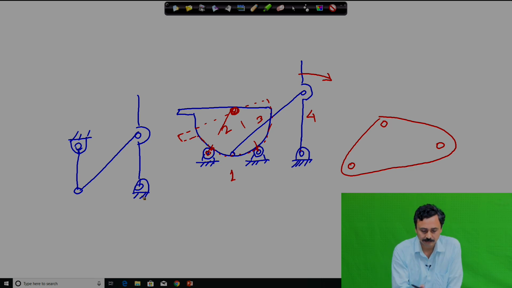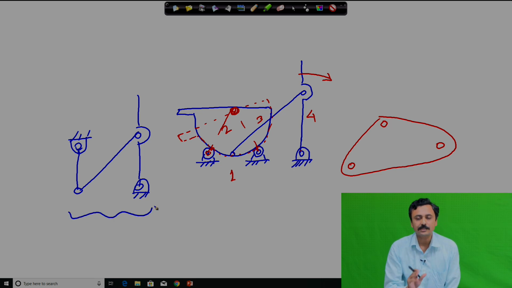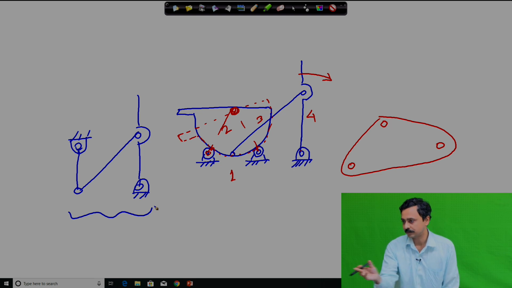So, this is an equivalent mechanism of this pouring snout mechanism. If you look at this equivalent mechanism, there is no ternary link, but if you look at the actual construction, then you can see these 2 ternary links.